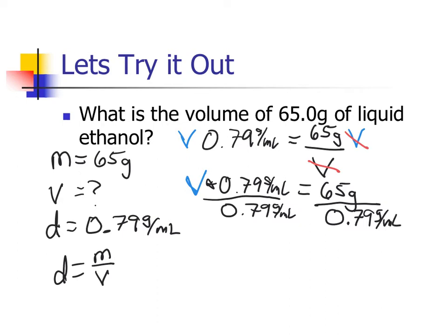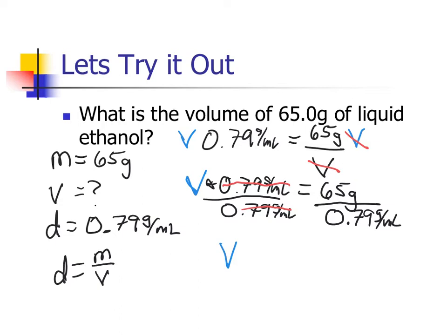And again, philosophically, yes, that technically equals 1, but we'll just say they cancel out. Leaving me with volume equaling 65 grams divided by 0.79.